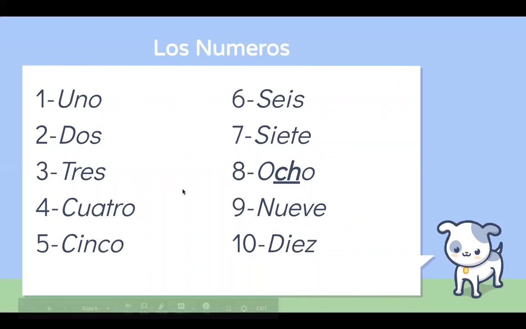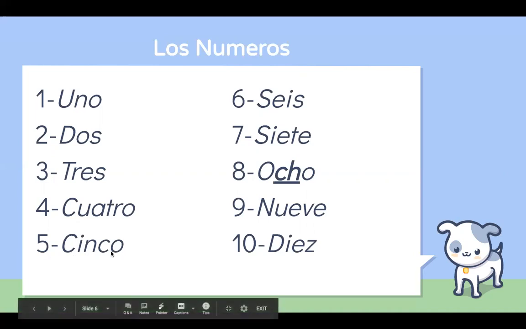All right, let's do it again. Let's count. Uno, that's 1. Dos, that's 2. Tres, that's 3. Cuatro, that's 4. Cinco, that's 5.